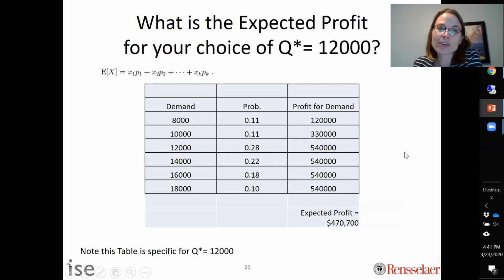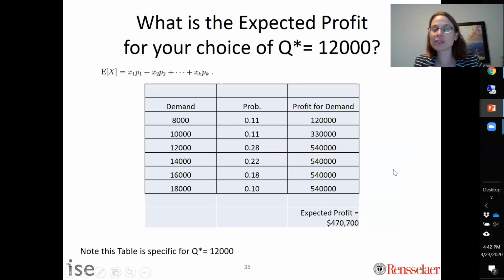And so if I calculate this probability times my outcome plus my probability times my outcome, so the sum product of this column and this column, I would get that the expected profit is 470,700. And this is specific for Q star of 12,000, and that's the maximum we will get because we found 12,000 using the critical value.